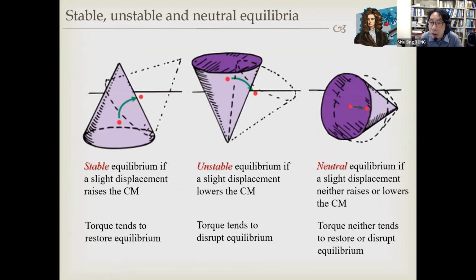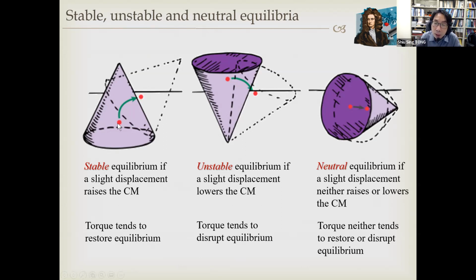Now there are in fact three kinds of equilibrium that are associated with rotational equilibrium. A simple way to illustrate that is to use a cone. If you put the cone with a circular base on a horizontal table, that is a stable equilibrium.